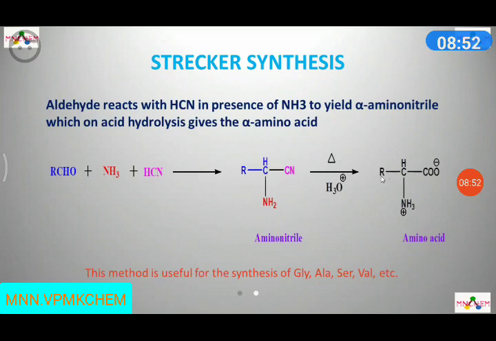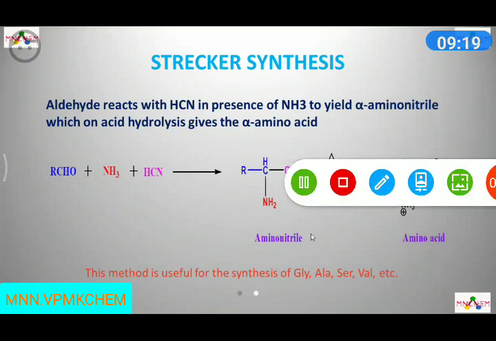If we start with R equal to an isopropyl group, then this Strecker synthesis will give valine as the amino acid. So remember, as the nature of R in the aldehyde changes, we can design the synthesis of different amino acids.